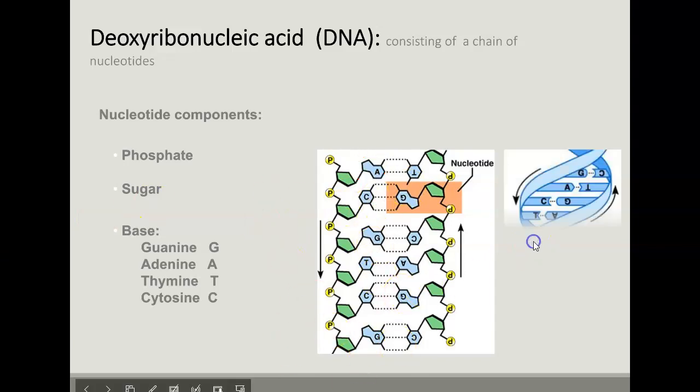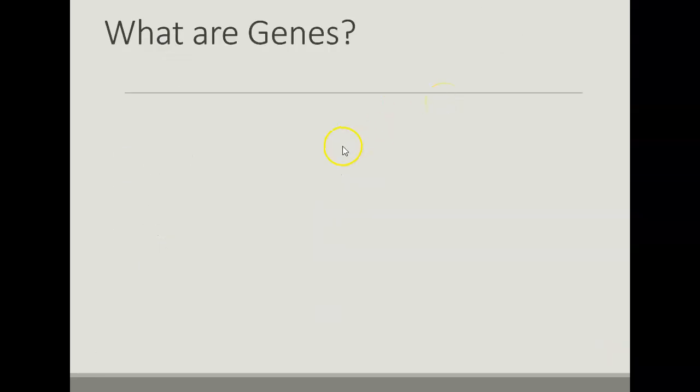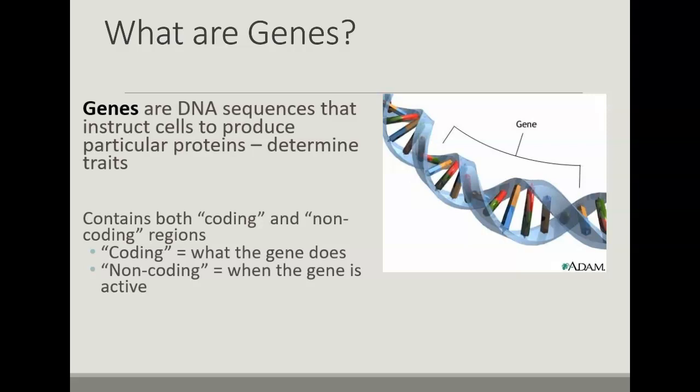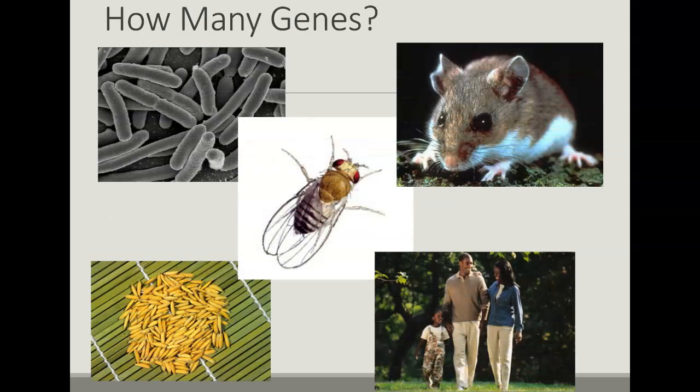Our bodies can read it and interpret it and turn it into a product. So again, genes are sequences that tell our cells to make a protein. Those proteins then are responsible for our traits. I've already talked about coding and non-coding regions of your DNA. So some places are telling us what the gene does, and some places tell us when it's active or when it's not active. So we can turn genes on and off.